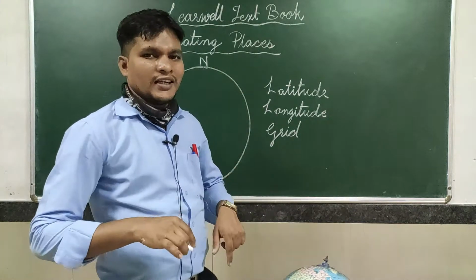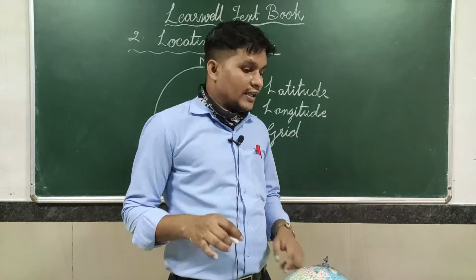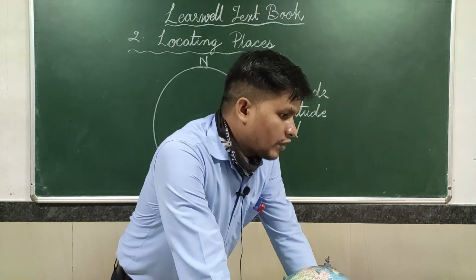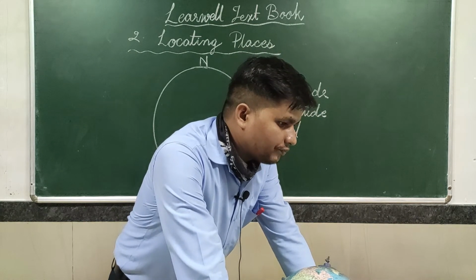Some square part is generally called a grid. So let us see what is given here. First, the passage we are going to read.